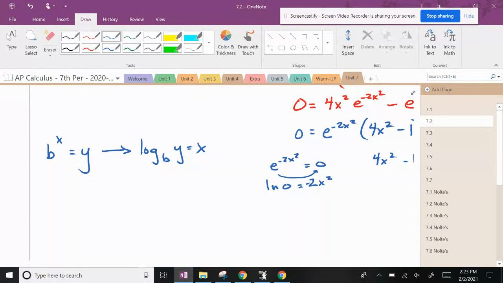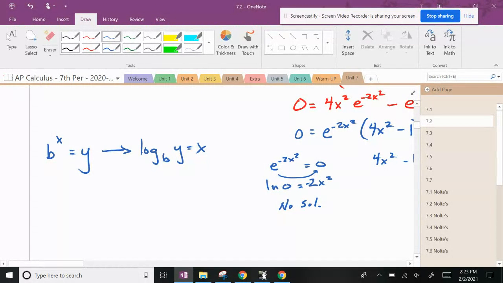Error. Can't do it. Impossible. You can never take a natural log or any kind of log of 0 or a negative number. Fun fact, you'll need to know that. So this whole equation is a no solution on this one.